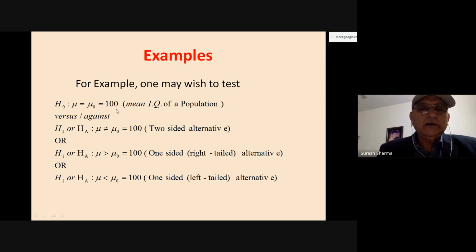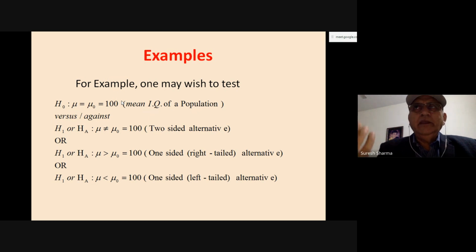And it could be related to two populations also. Let's say there is West Bengal, there is Assam, another state. And I want to compare the mean heights, whether the mean height of West Bengal people is more or that of Assam people is more, right? So I'll take a sample from West Bengal. I'll also take a sample from Assam. And what will be my hypothesis? First of all, I assume that both of them are equal.